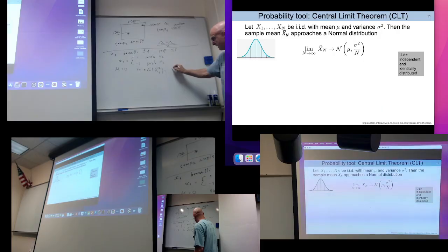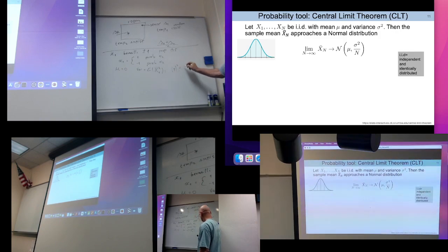It will appear as 1 squared, that's one possible outcome, plus minus 1 squared, another possible outcome, and I need to average both of them, which gives me 2 divided by 2. So the variance will be 1.